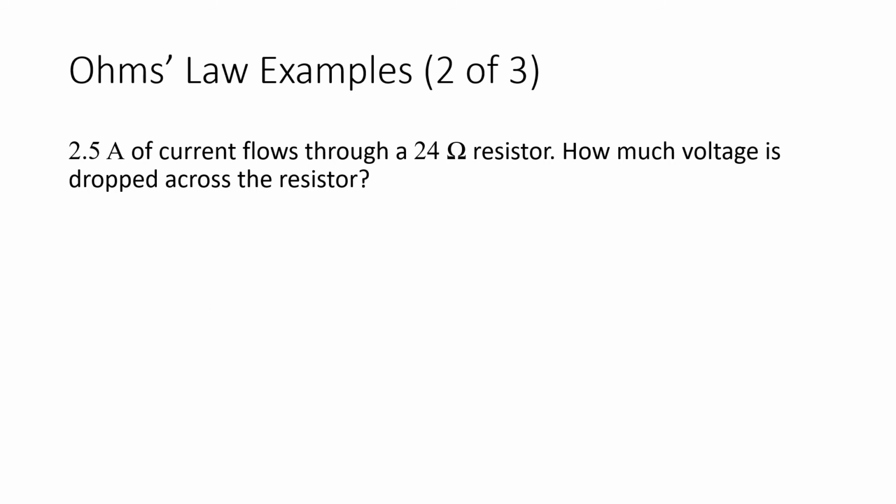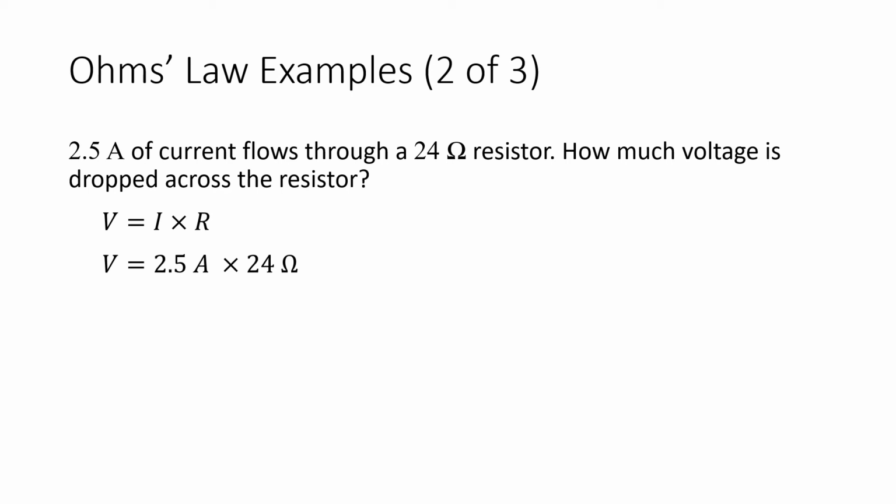2.5 amps of current flows through a 24 ohm resistor. How much voltage is dropped across the resistor? Again, we start by writing down the equation. V equals I times R. Substitute the given or known quantities.